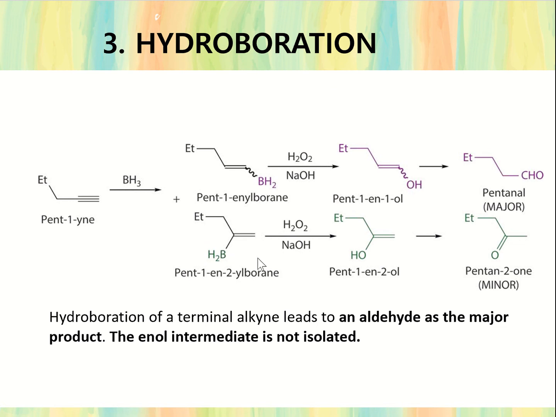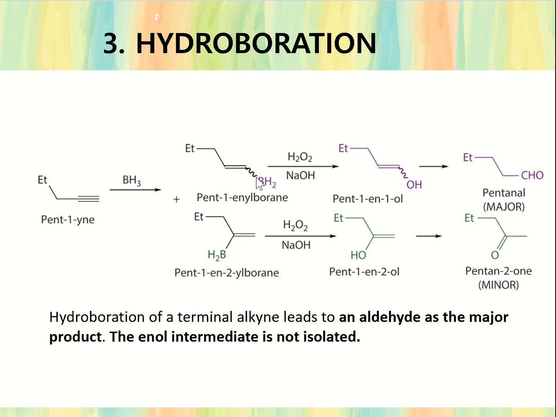So we will form an alkyl borane or vinyl borane as we see here. And in the presence of hydrogen peroxide and base, we will form enol, which will then tautomerize to our aldehyde as the major product. So this is the minor product here.